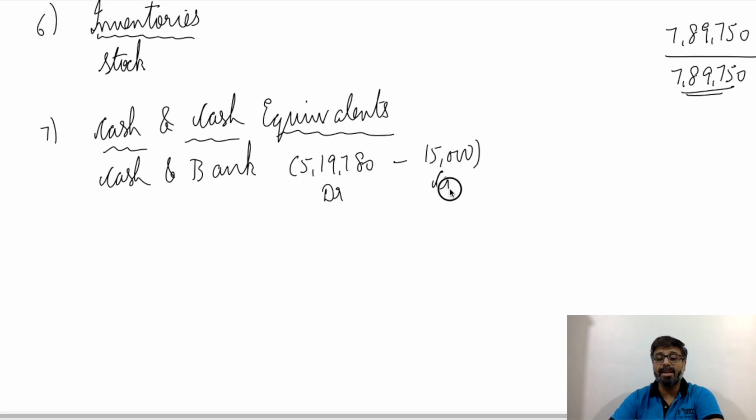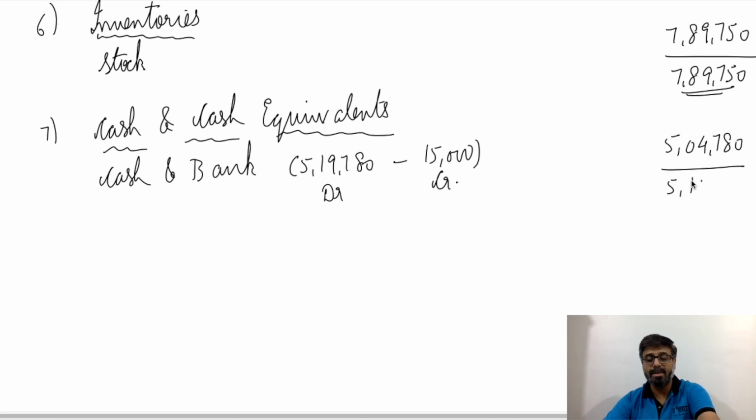So this is credited in entry number 4. So what is the net balance of cash we will have now? 504780. You always have to do this debit minus credit from the journal entries. So what is the final amount of cash we have now? 504780.